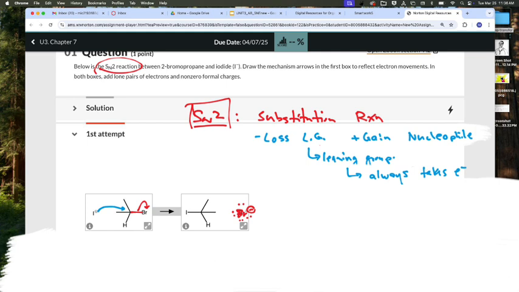Right? So our focal point is always the carbon. When we talk about loss of the leaving group, we're talking about the loss of the leaving group from the carbon structure. When we talk about gaining a nucleophile, we're talking about adding atoms to the carbon structure. That carbon structure is our focal point for all of this.